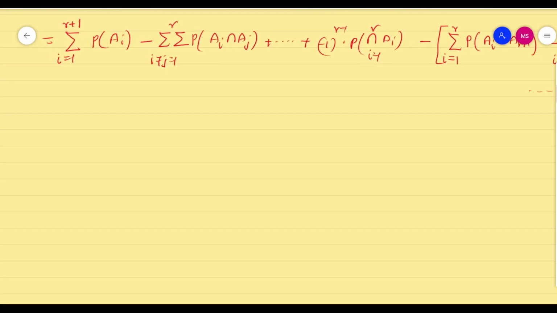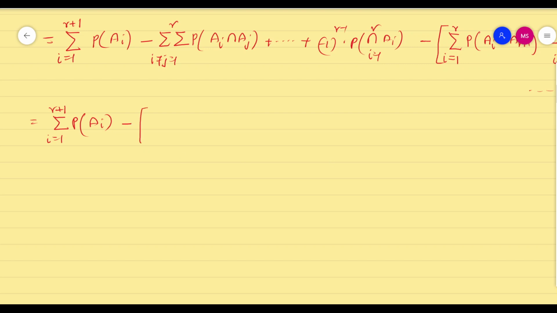Now it is equal to summation i running from 1 to r+1 of P of A_i, right?